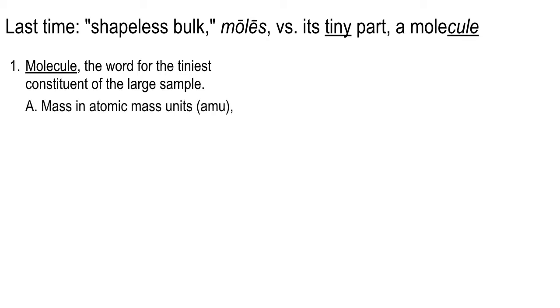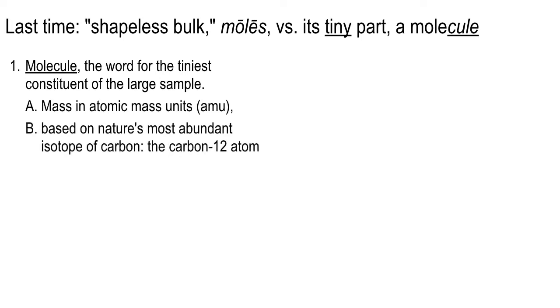Molecules we now measure in atomic mass units. And as I mentioned last time, we base that on the idea that the very, very common carbon atom, carbon-12, is exactly 12 atomic mass units.